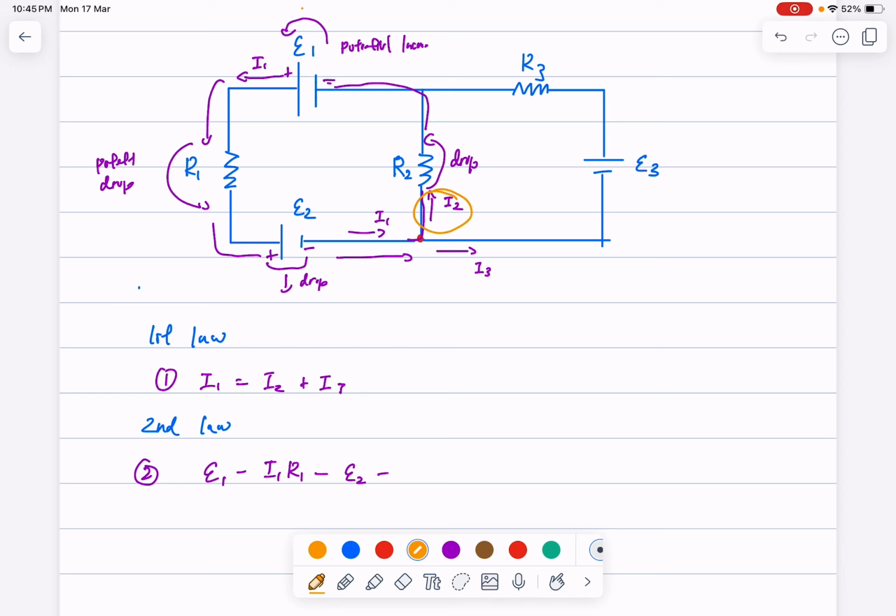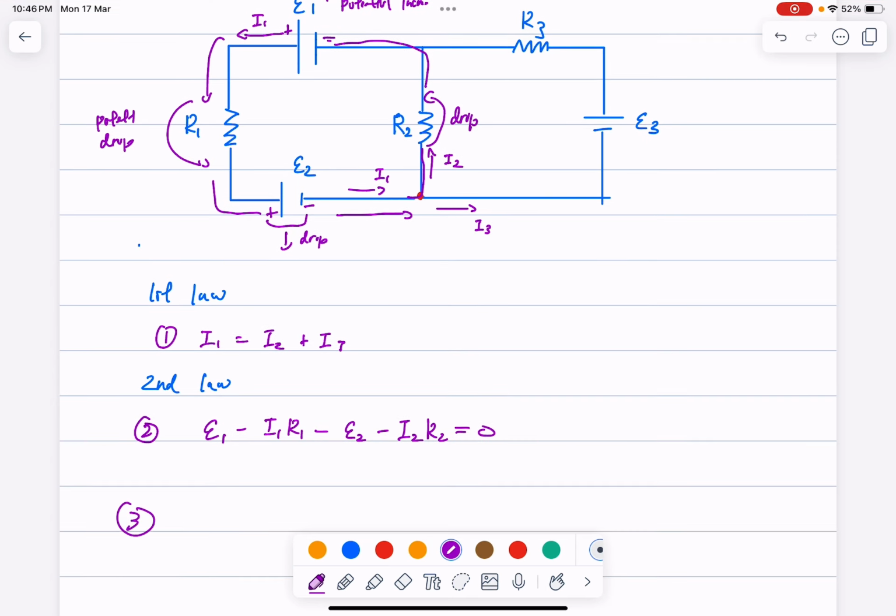The current changes in this direction. So we're going to get minus I2 R2. Notice that it's along the direction of the current flow. And that will equal 0.